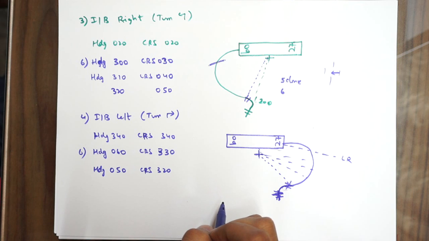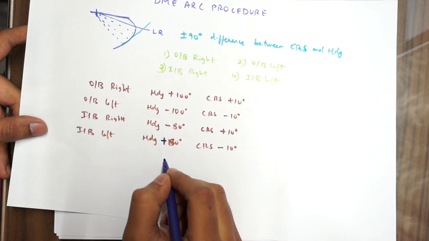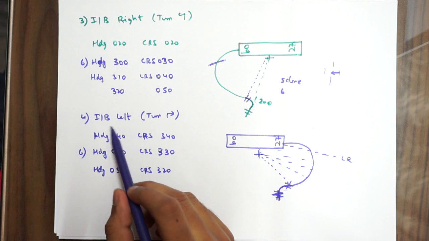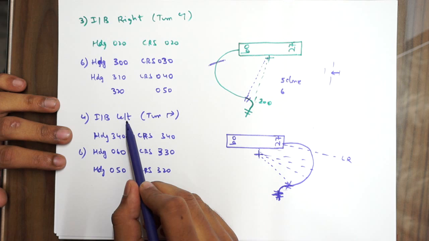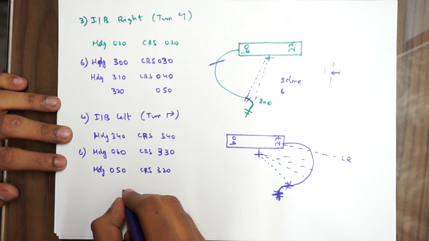Now just if you've got confused with when to add or when to subtract, let me just put it this way. When of course you remember the table, I hope you remember the table here, and if you remember the table, now in an inbound left turn, what we are doing is subtracting throughout. So I'll just write it down.